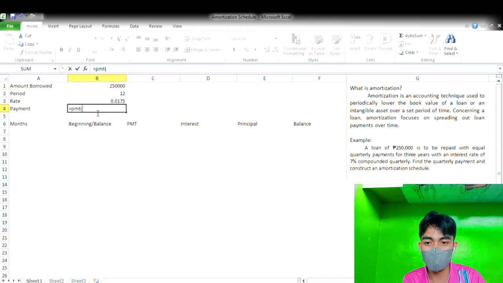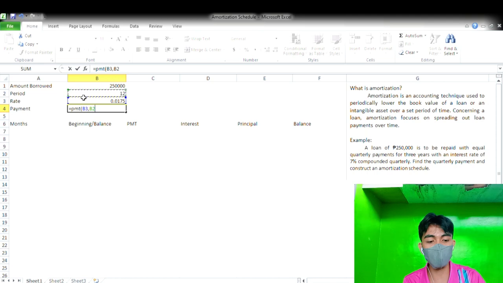You have to press the rate cell, comma, the number of periods, comma, then our present value.